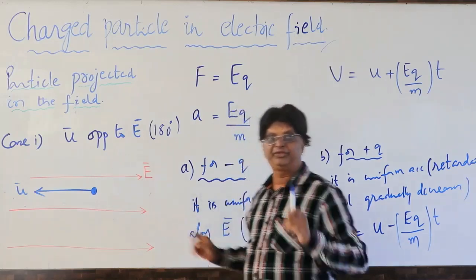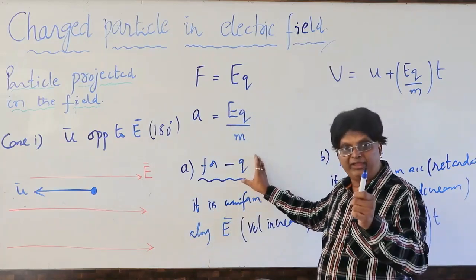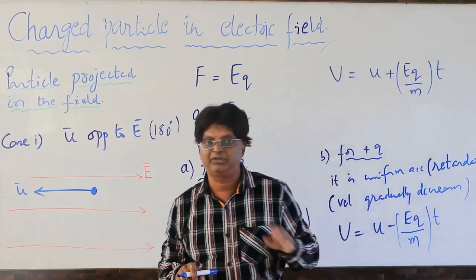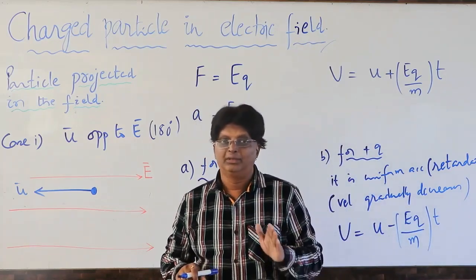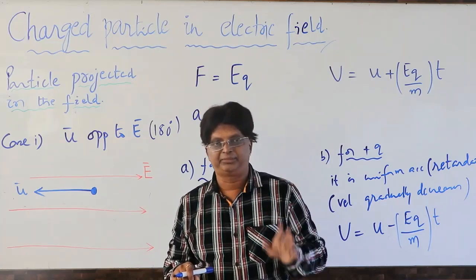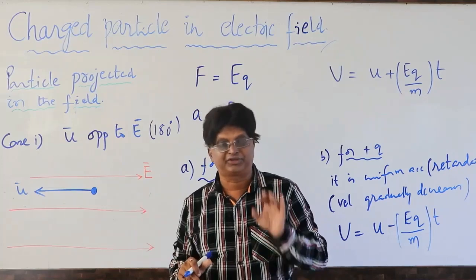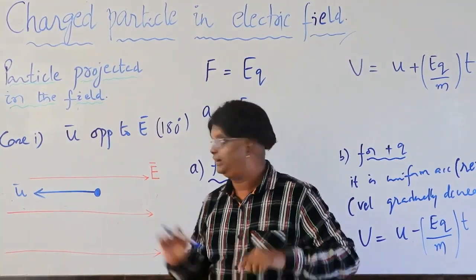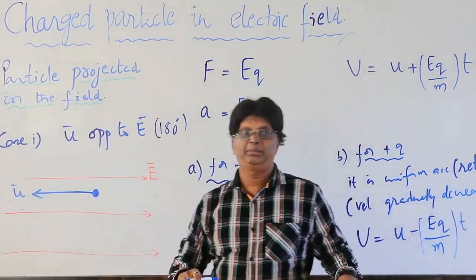And remember, this is important with respect to the nature of the charge. You have to look at that particular specific charge, whether it is positive or negative. Now, using this concept of a charged particle either placed or projected parallel or anti-parallel to the field.